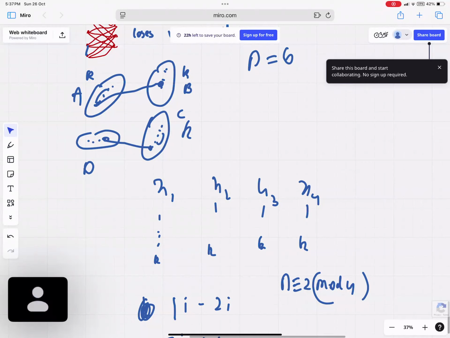Yeah, you add B to D. Okay. So now we're left with the case n is 2 mod 4.